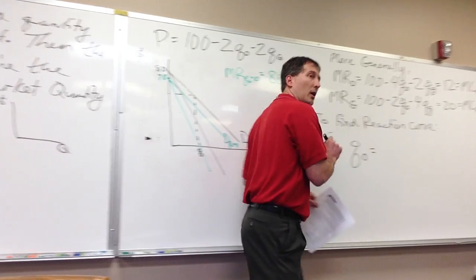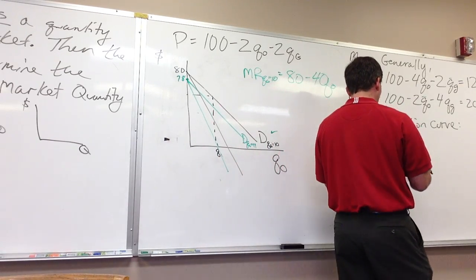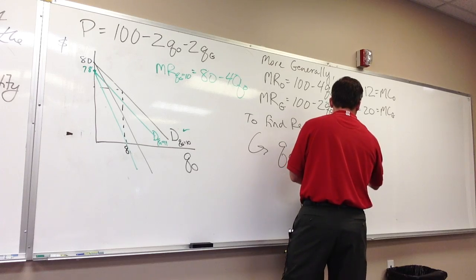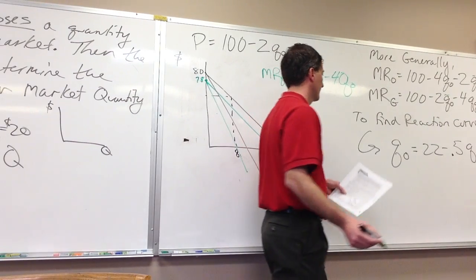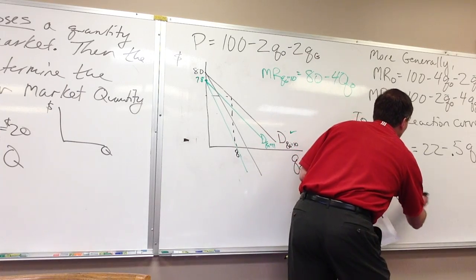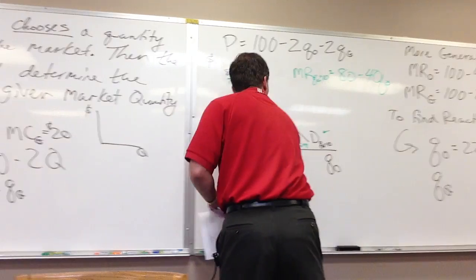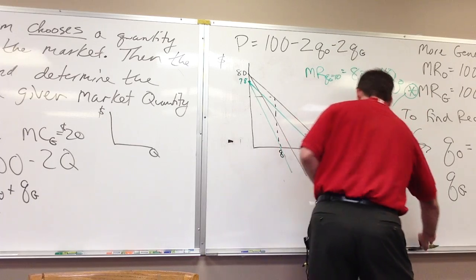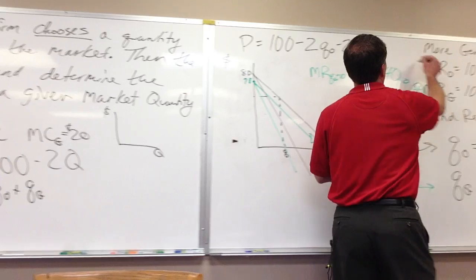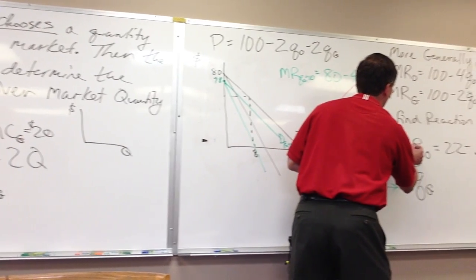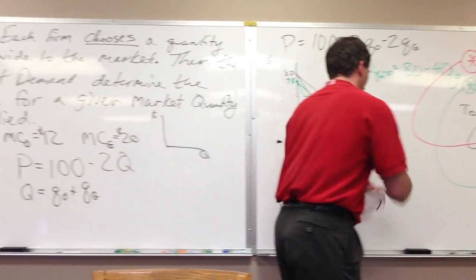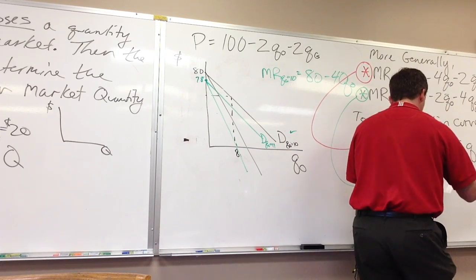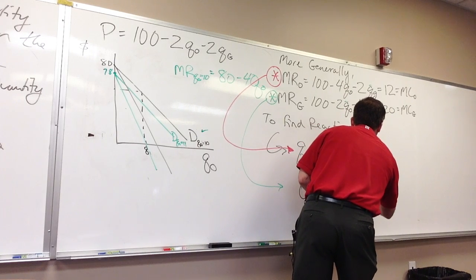So solve for QO and throw the rest of the junk over to the right. Since the marginal costs were different, your reaction curves are going to be slightly different.